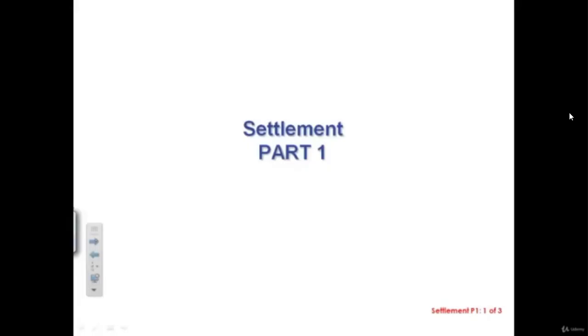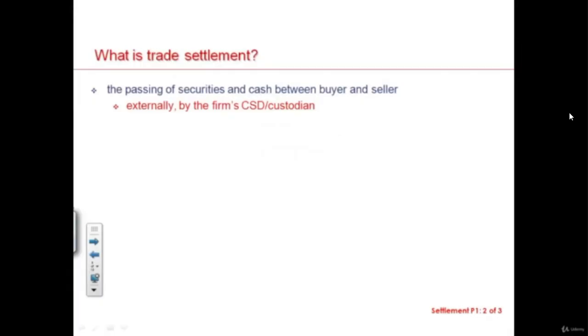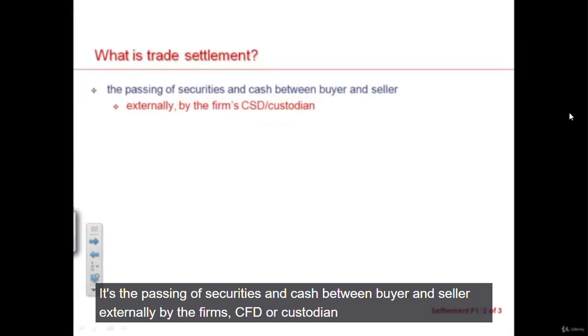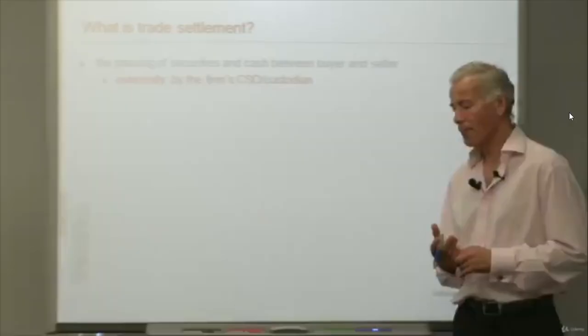Okay, now let's talk about the subject of settlement, so trade settlement itself. What is trade settlement? It's the passing of securities and cash between buyer and seller, externally by the firm's CSD or custodian that it's using.